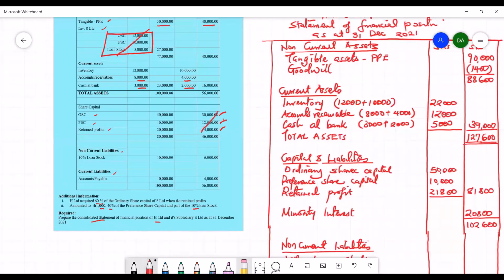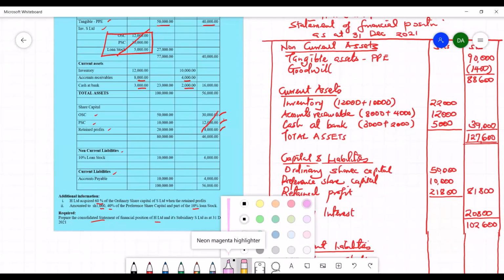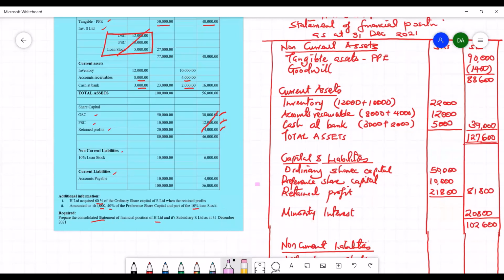First, we began with the loan stock. That is the amount that is owed to the external people by the Hedge Limited or the parent company. The amount that the parent company is owing third parties is 10,000.